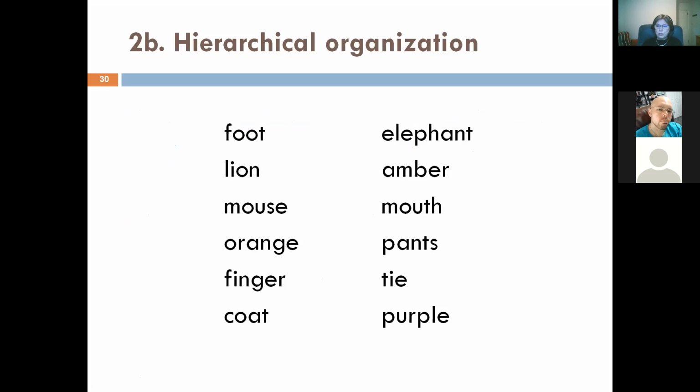If you were to use the organization principle, the second principle of memory encoding, what could you do with these 12 words? Either unmute yourself or type in the chat. How would you apply the organization principle to memorize these 12 words?